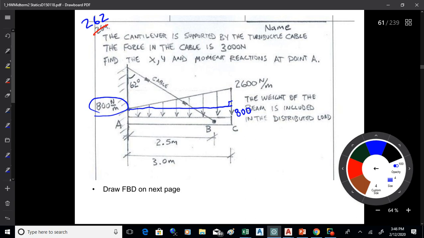Now, if the height of the rectangle is 800, what does that leave for the triangle? What do we got there? I think 1800, okay? We good with that? So what you're going to want to do is break down those two shapes, the rectangle underneath and the triangle up above.